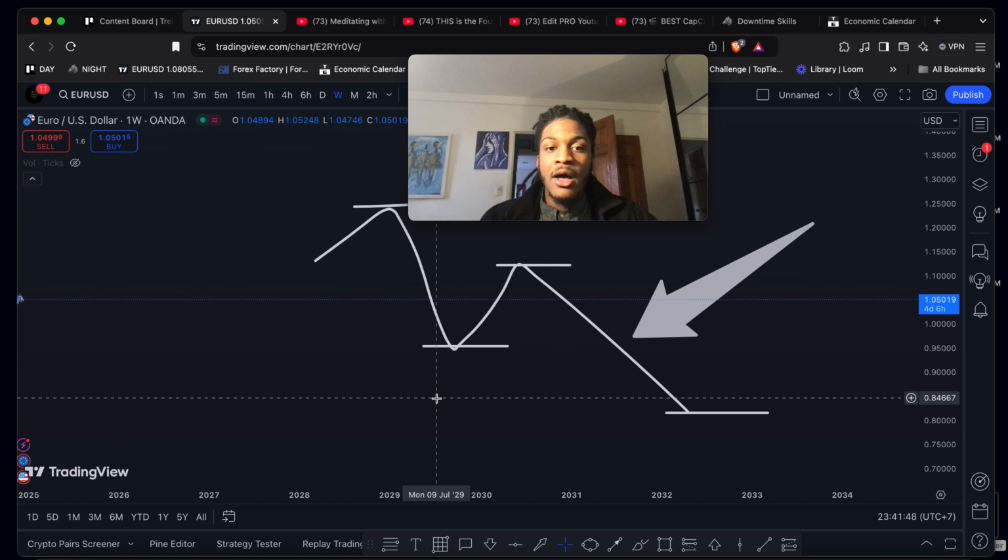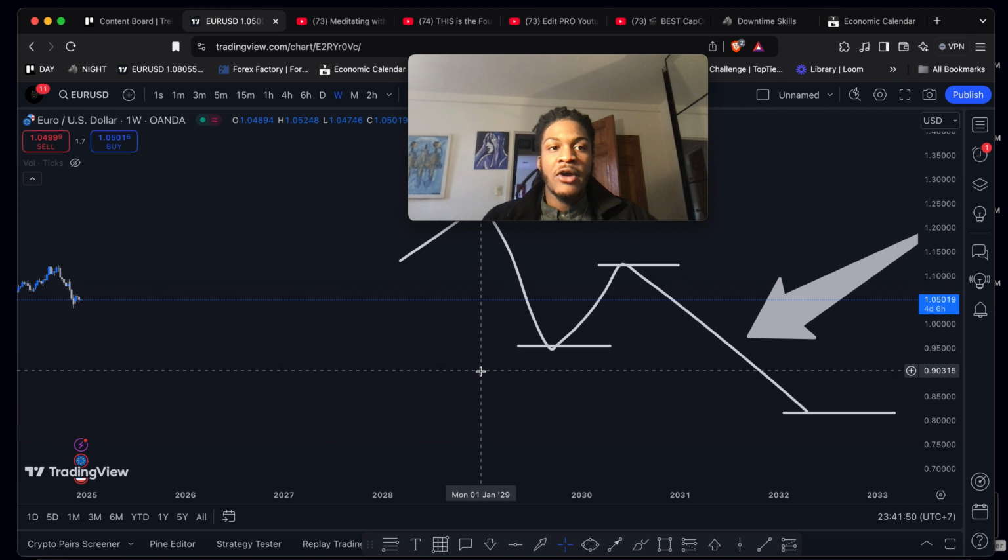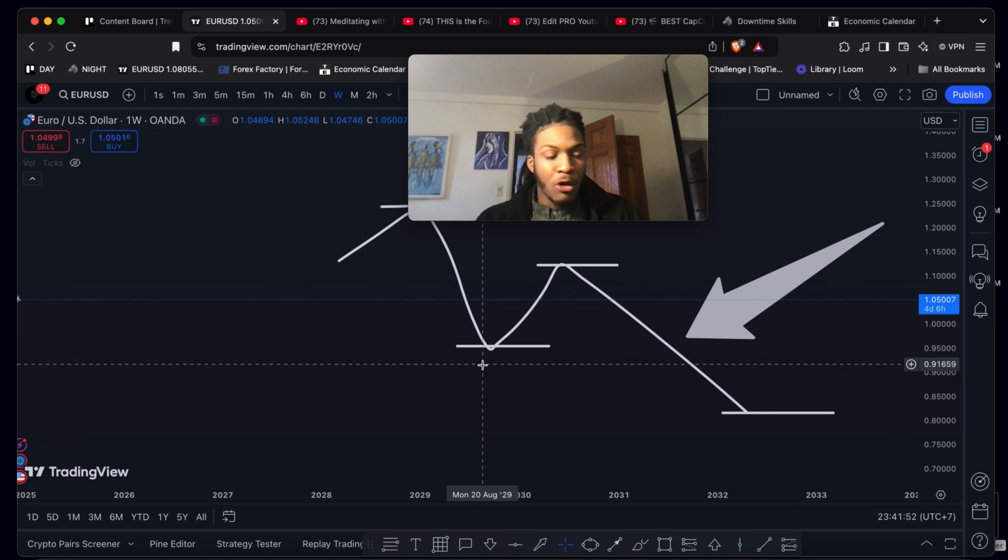Because let's say I have millions of dollars on Euro USD, and I buy millions of dollars worth of Euro USD positions, I now have the power to actually affect the market. But since you're a retail trader and you don't have enough capital to do that, your orders, when you press buy and sell on your broker, do very little to affect the market, because it's all about capital and volume.